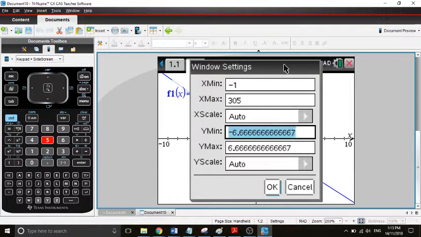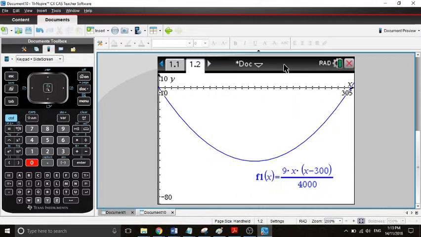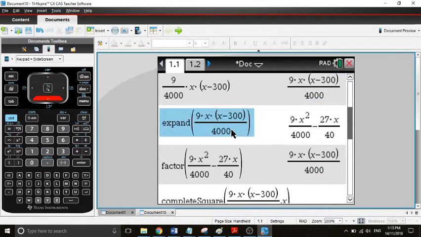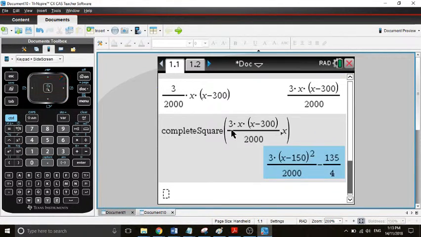Our y has to go from negative, say, 50. And we know it's going to be at least 50. We'll go maybe 80, and a y maximum of, say, 10. So that's what we're looking at there. There's our lake. Now our new one. That's what we've got there.